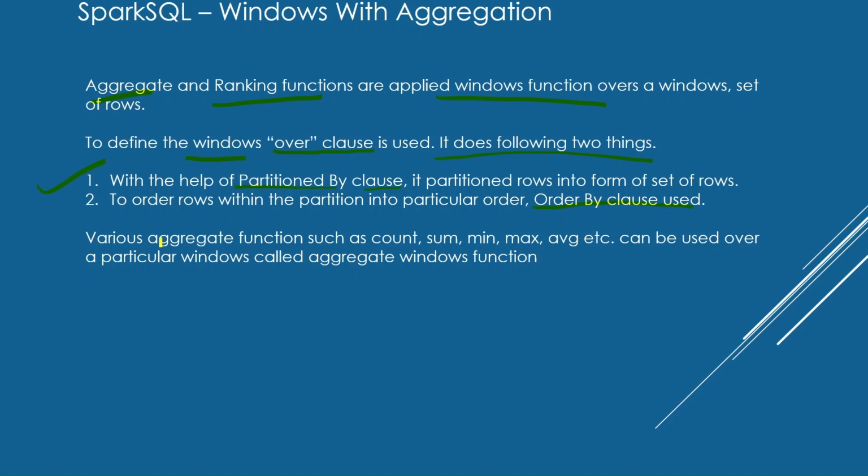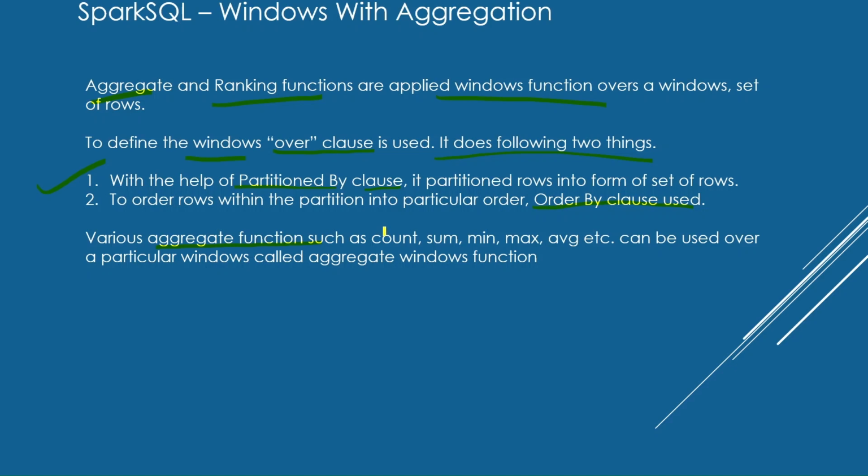When the partition gets created, then we can use various aggregate functions on the data which is present in that particular partition, and the aggregate function will calculate based on the data which is present in that particular partition only.